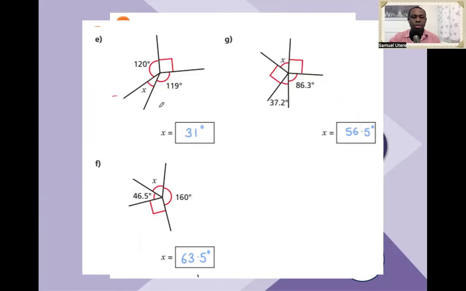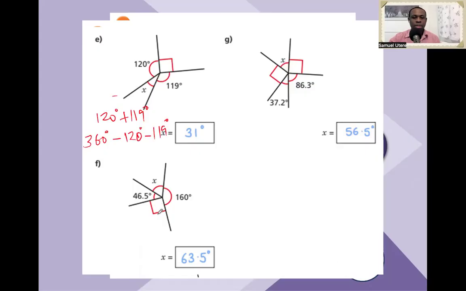For this one, first we're going to add 120 degrees to 119 degrees. And then whatever we get, we're going to subtract our result from 360 degrees. Okay, so we'll do 360 degrees minus 120 minus 119 degrees.